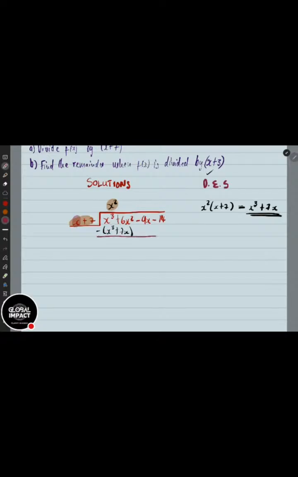Then you say x cubed minus x cubed, they cancel out each other. 6x squared, there is no x squared in the bracket. Oh, this is supposed to be 7x squared, by the way, that's a mistake there. Because x squared times 7 becomes 7x squared. So there's 6x squared minus 7x squared.